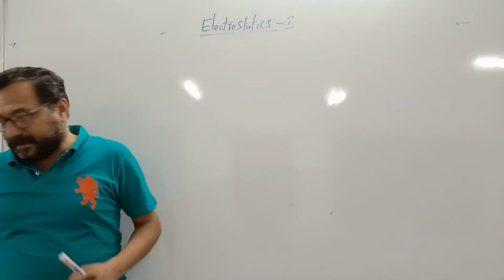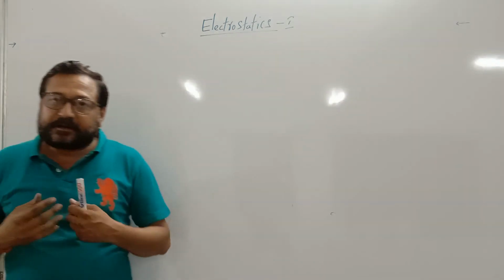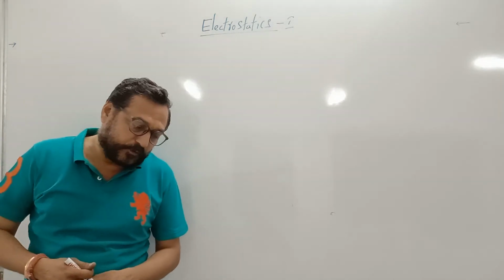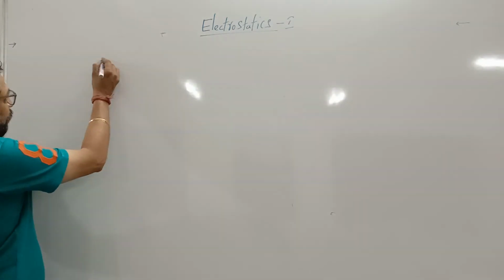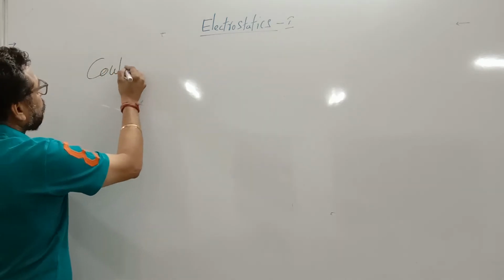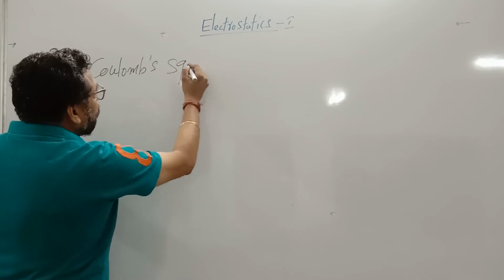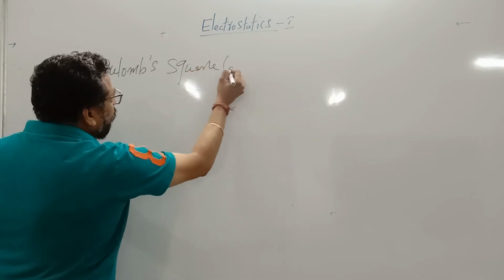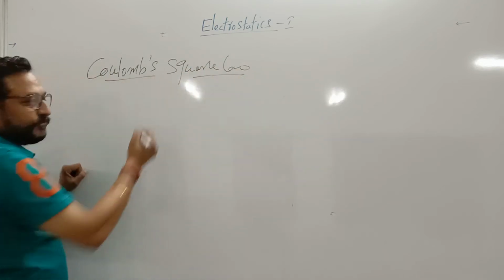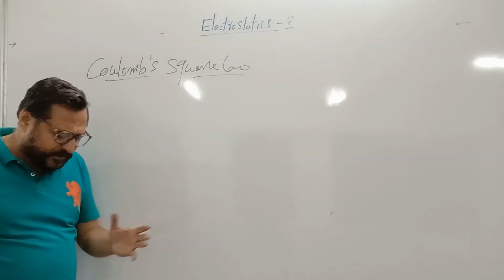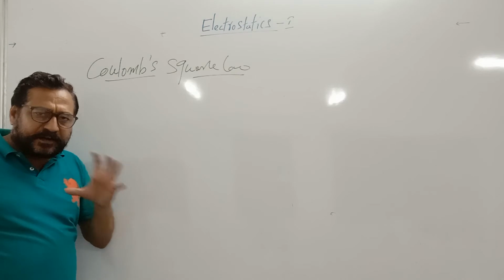Yeah, in electrostatics, our next topic is Coulomb's inverse square law. What is Coulomb's inverse square law? First of all, we are going back to the previous class because there is a very related concept.